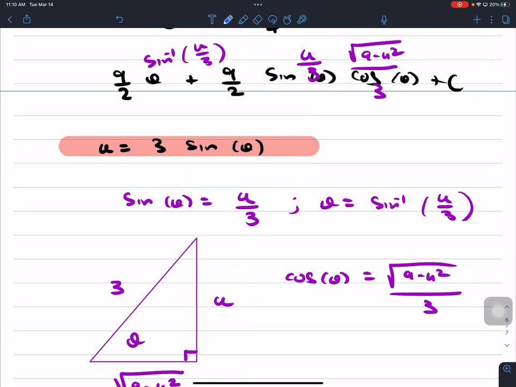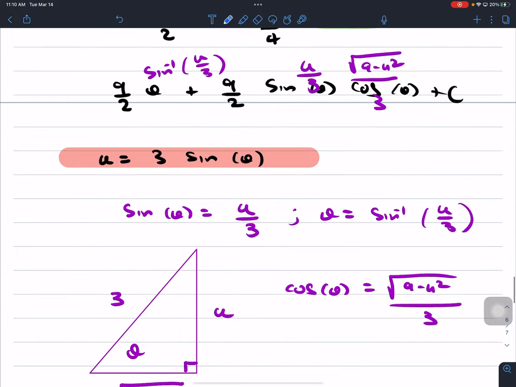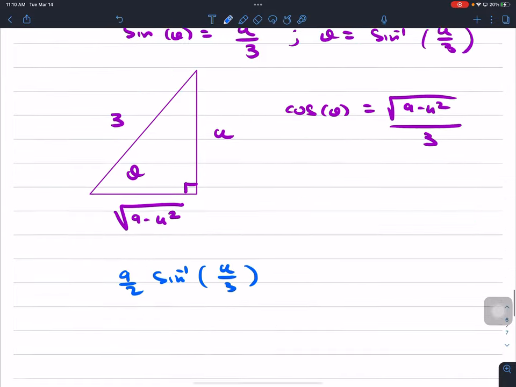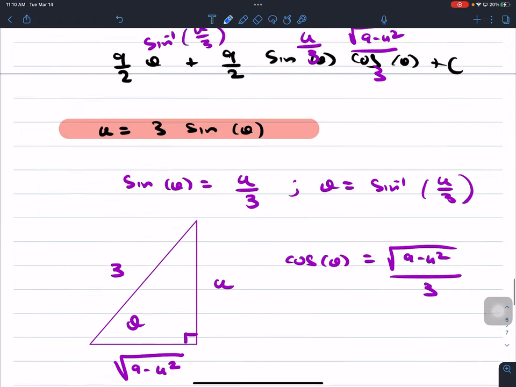So altogether, we got 9 halves inverse sine of u over 3, and then, double check, plus 1/2 u times the square root of 9 minus u squared plus c.